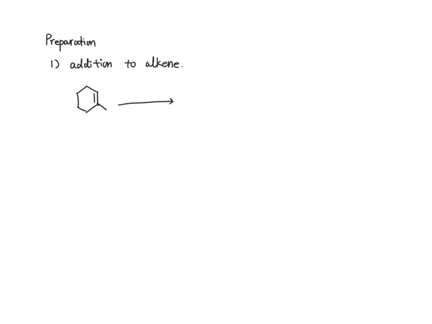What we introduce here is a so-called peroxy acid. This is just a general way to write a peroxy acid. And what you will have here is an epoxide.